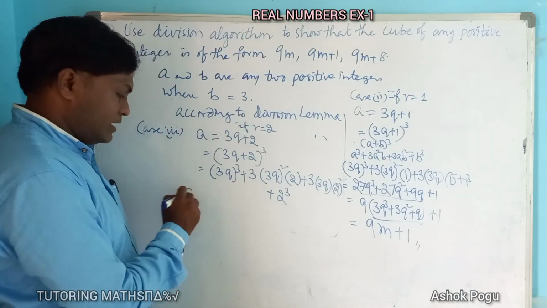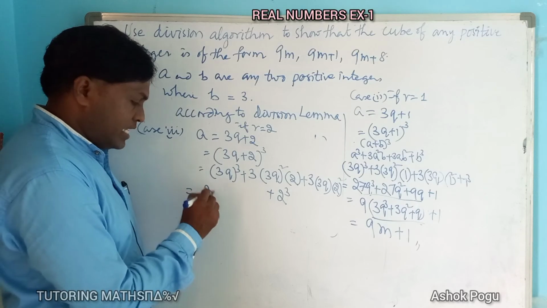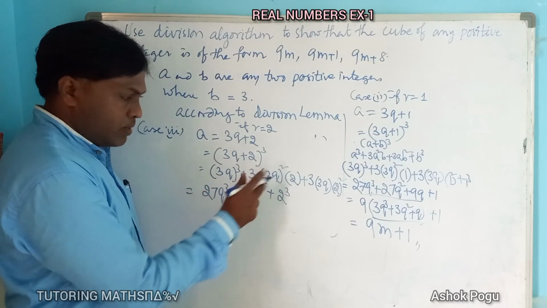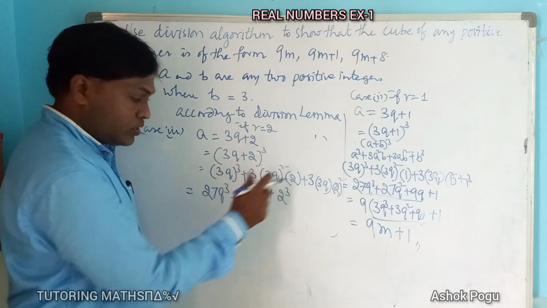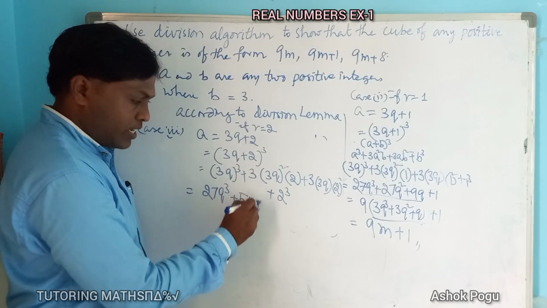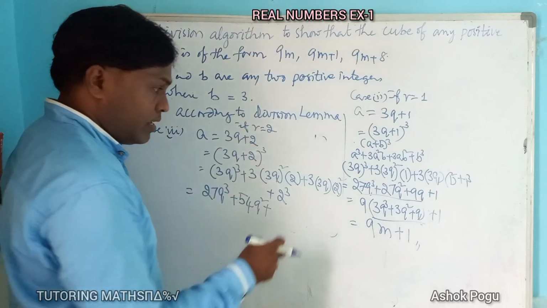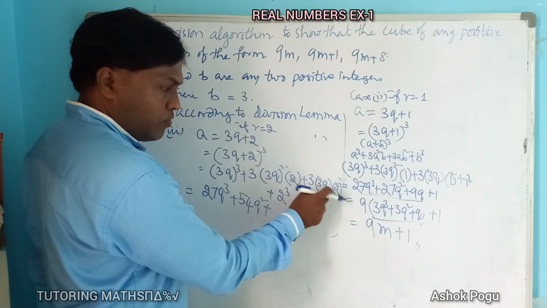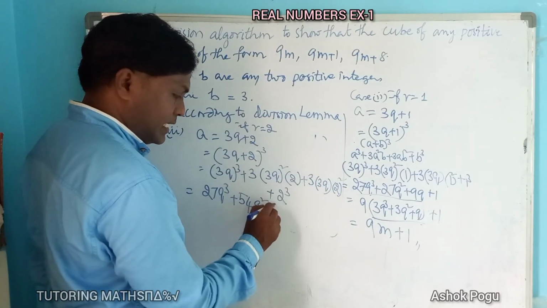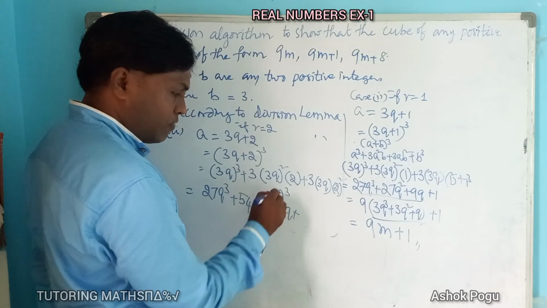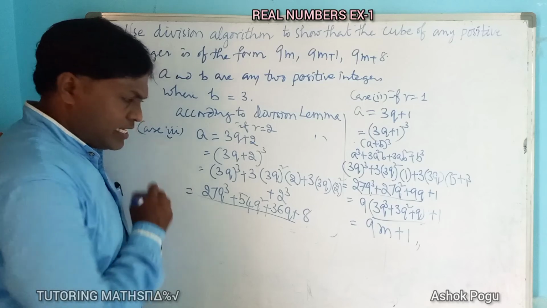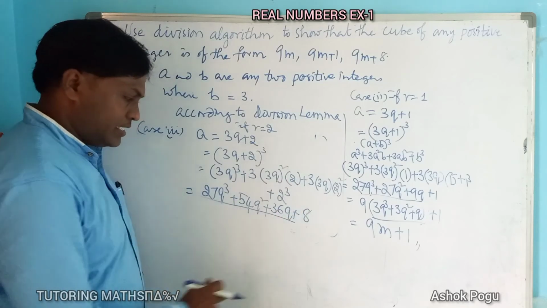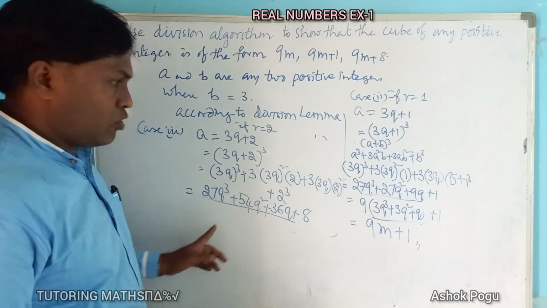Let us simplify this. 3q whole cube is 27q cube, plus 3 square is 9, 9 threes are 27, times 2 is 54q square. Just simplify properly. And 2 square is 4, 4 threes are 12, 12 threes are 36q. And finally 2 cube is 8. Observe all the first 3 terms except the last number 8.